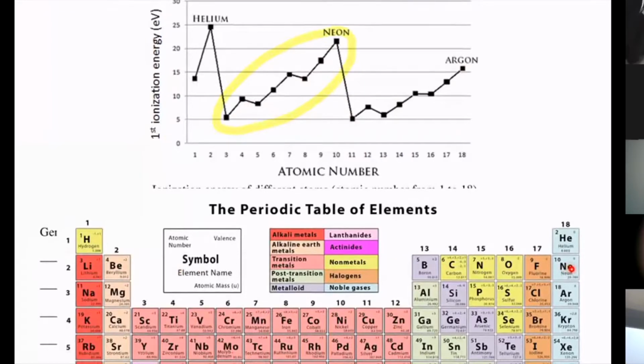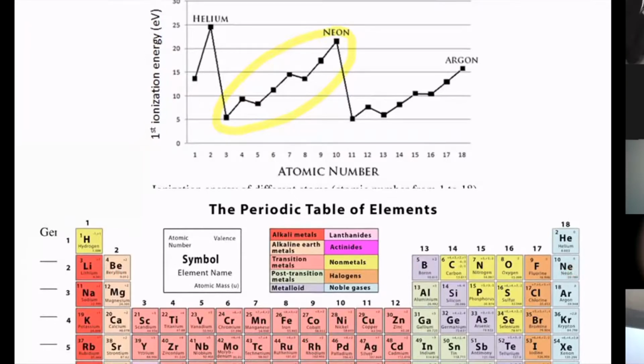If we focus on this part, these 8 atoms are all from period 2. For period 2 elements, from lithium to neon, if we use the electron shell model you learned in grade 9, the first ionization energy means we're going to remove the electron from the outermost shell, which is the second electron shell.